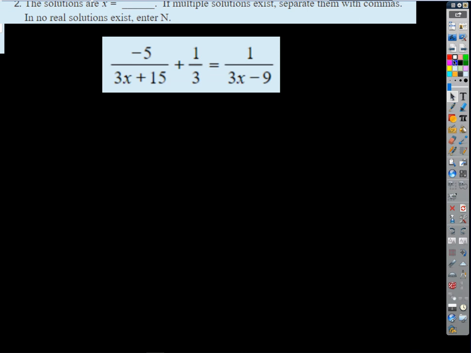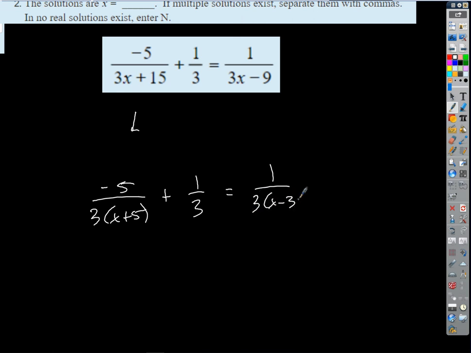So this first term, I get -5 over, how does the bottom factor? Plus 1/3 equals, how about this one? Okay, so now I can pretty easily make my list, my least common multiple of all those denominators.